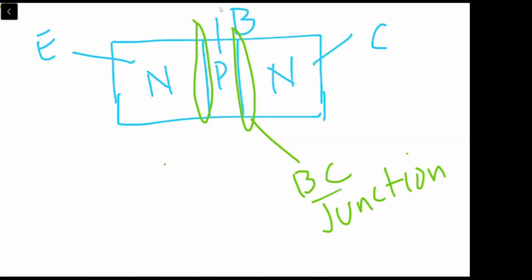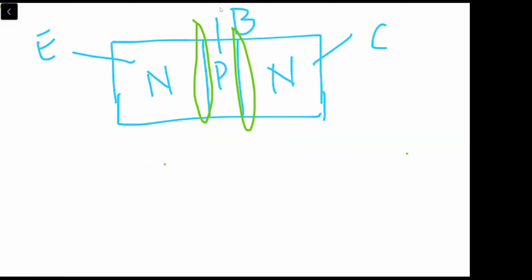So let's make the emitter base junction forward bias, right? So what will happen?